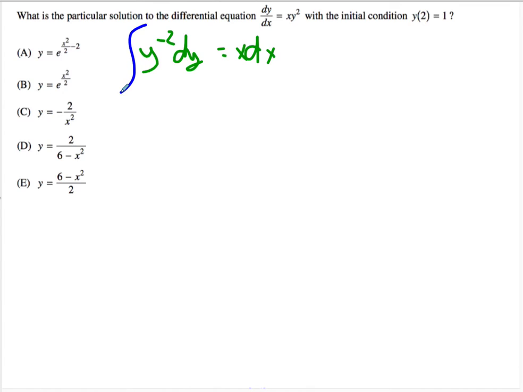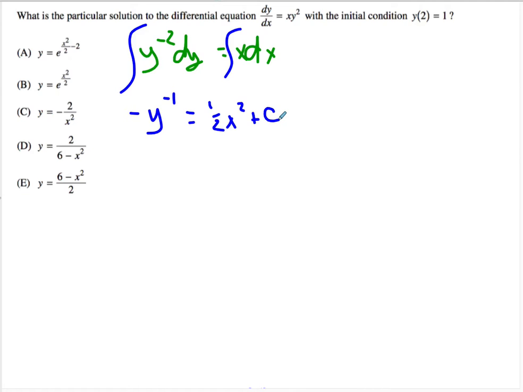All right, we'll integrate. Power up to -1 and divide. So we got -y to the -1 equals 1/2 x² plus an unknown constant.